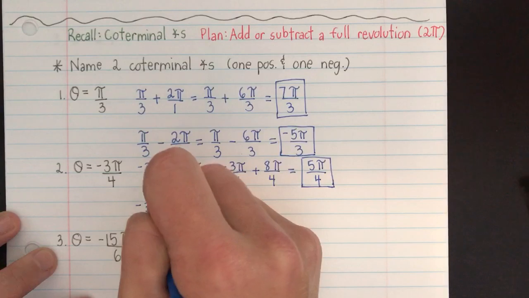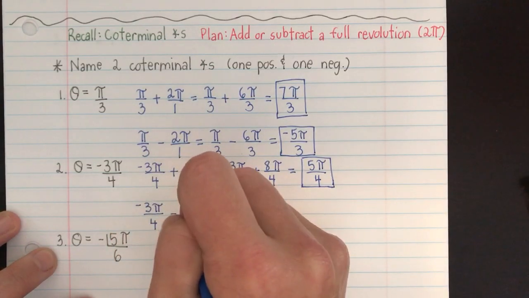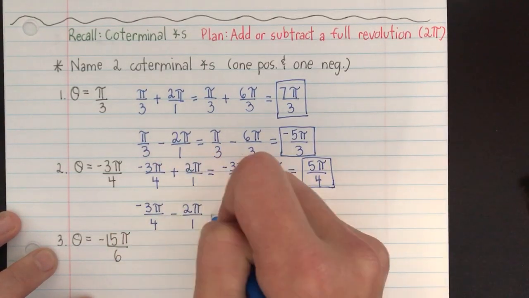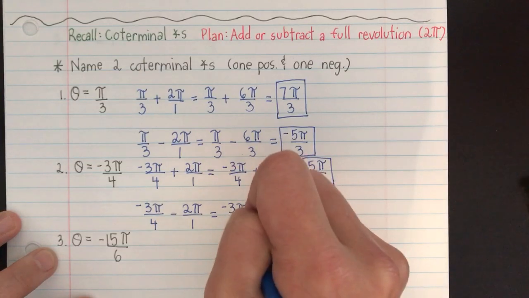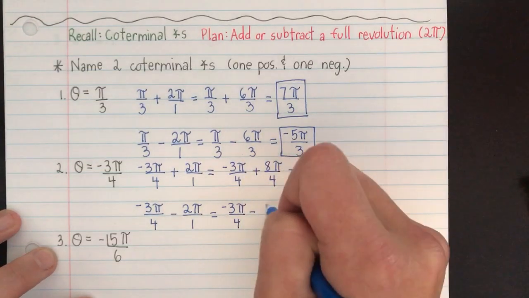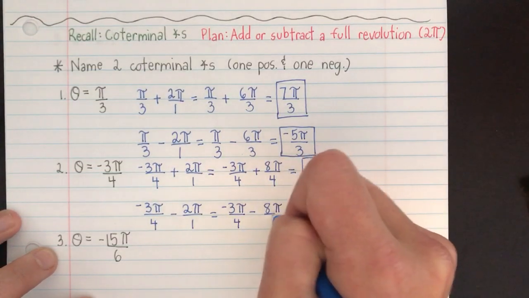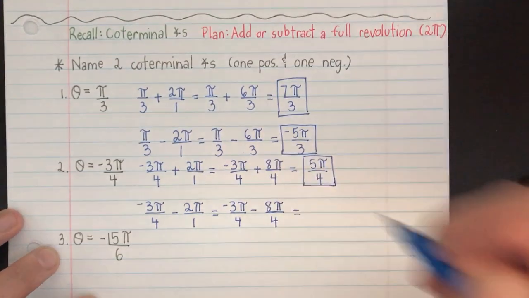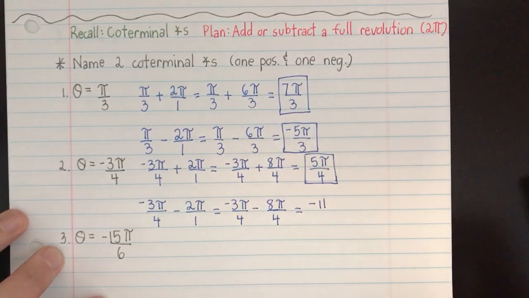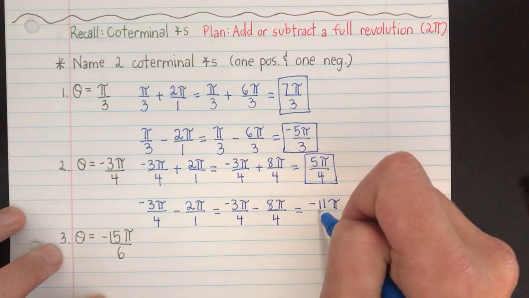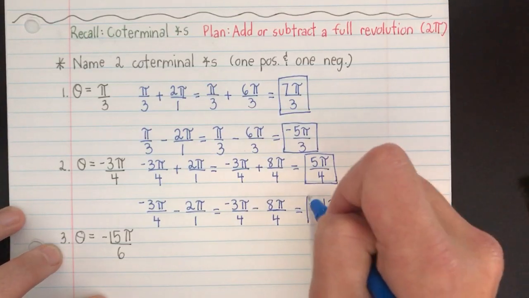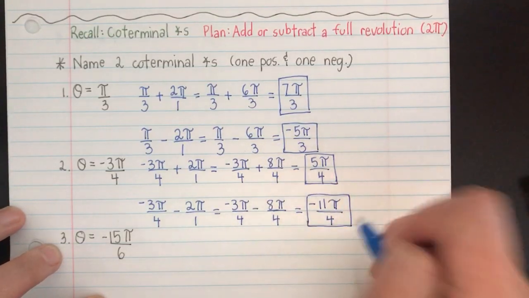So negative 3 pi over 4 minus our full revolution. Okay, so negative 3 pi over 4 minus 8 pi over 4, which would be negative 11 pi over 4. So there's our negative.